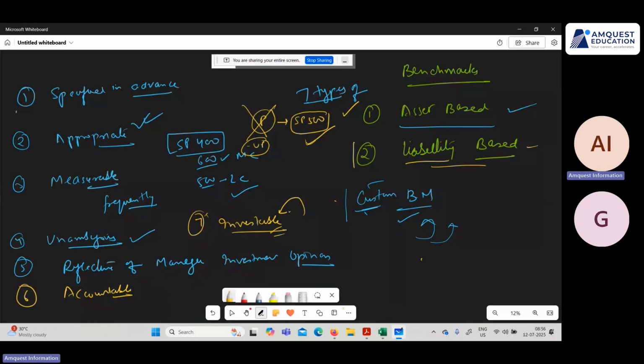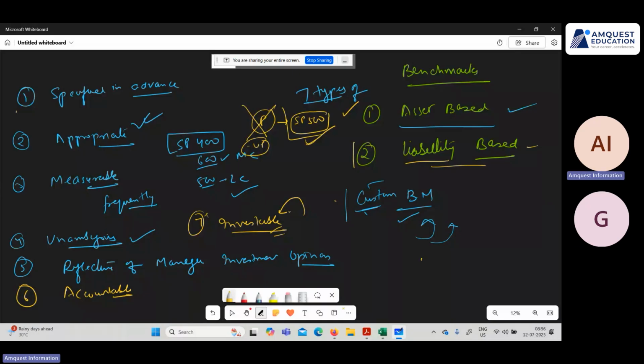So the investability constraint is one of the most important constraints that we should look at. If nothing works out, the investor should have a right to go ahead and invest in that specific benchmark itself. Okay, are we clear on that?